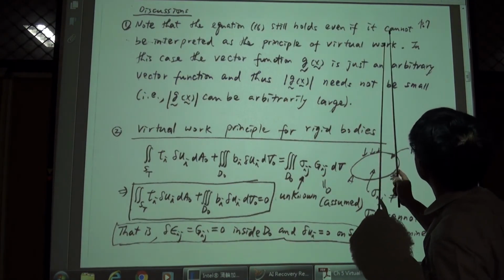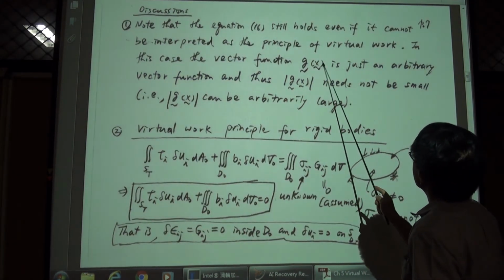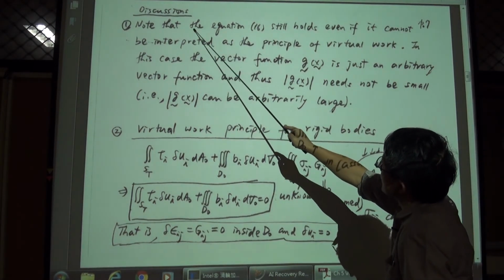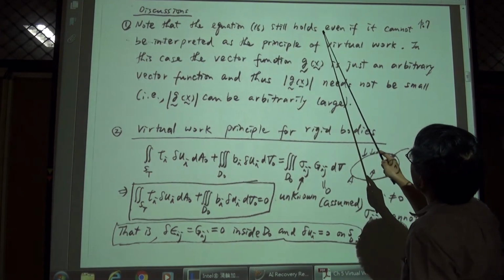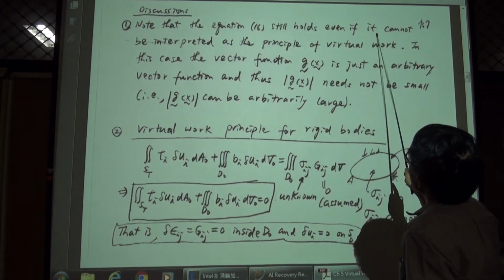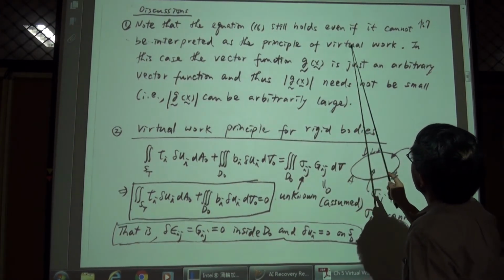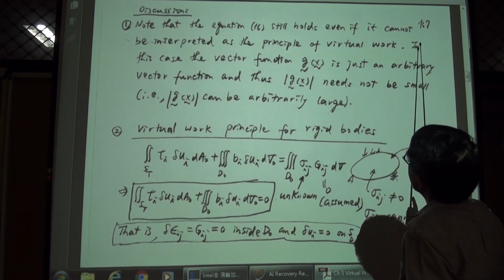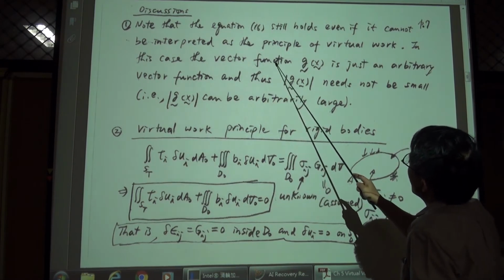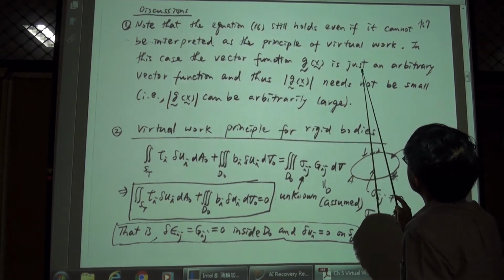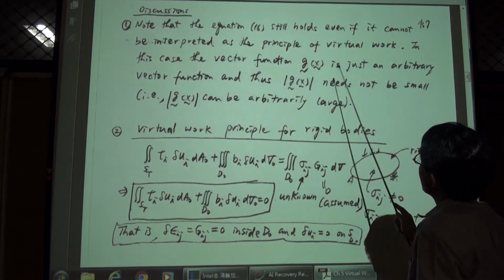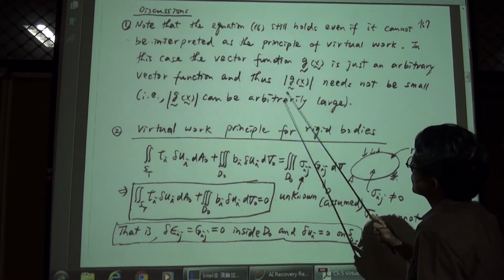Let me fix it. The equation still holds mathematically, even if it cannot be interpreted as the principle of virtual work. It can be anything. In this case the vector function g is just an arbitrary vector function, and thus the absolute value of g need not be small.